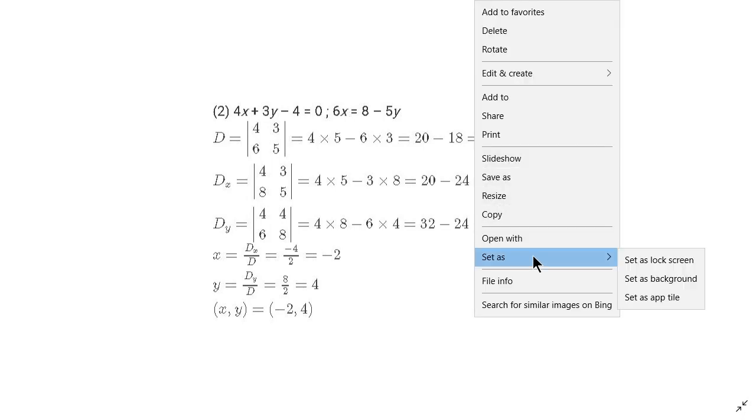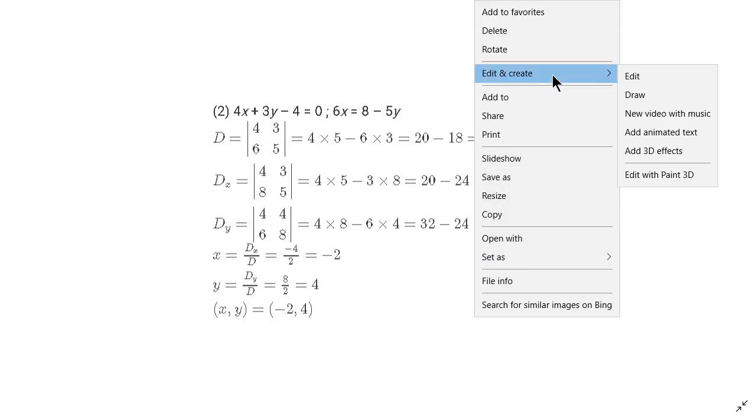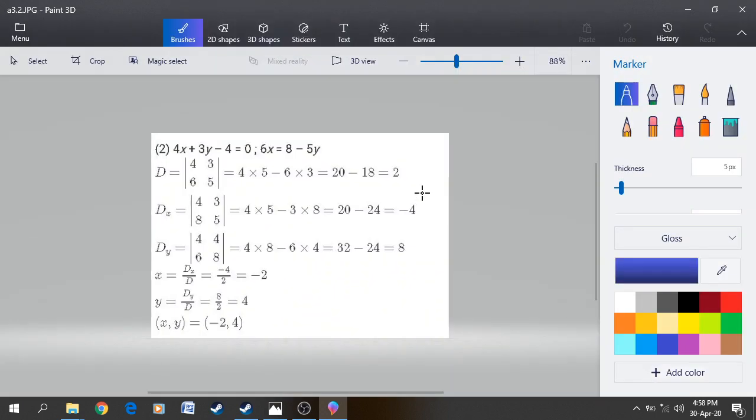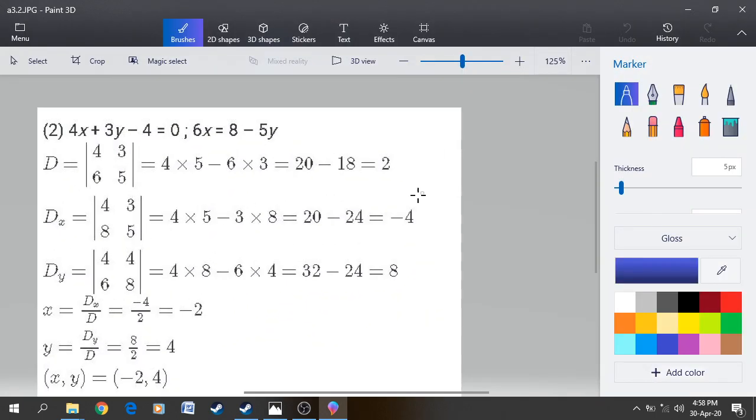How should we write the equations? We will see here. The equations 4x plus 3y minus 4 is equal to 0, and 6x is equal to 8 minus 5y, are not in the standard format.